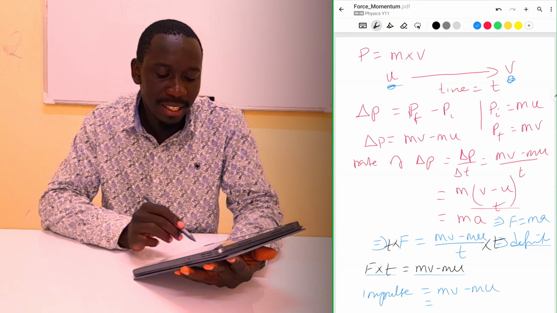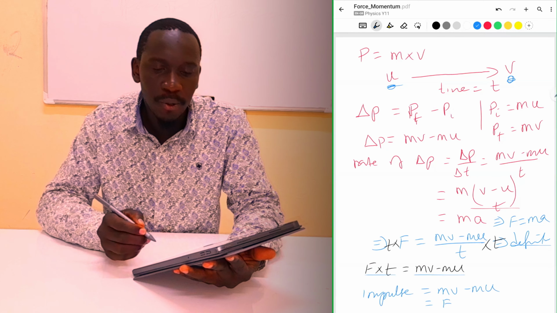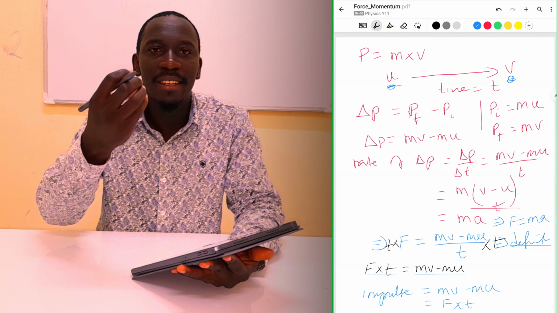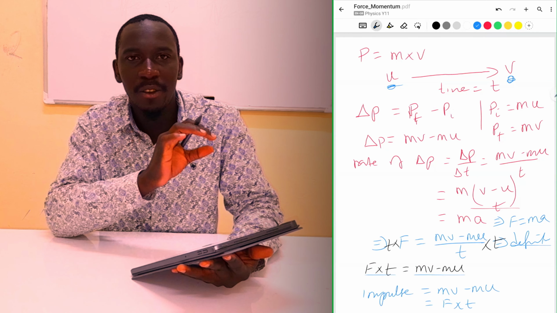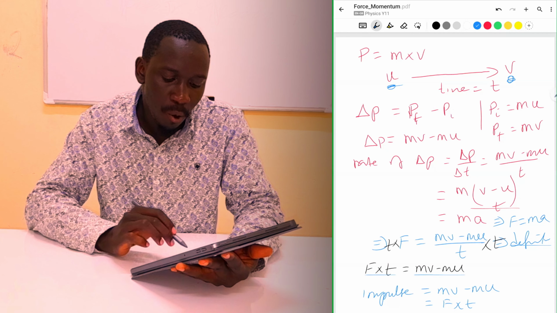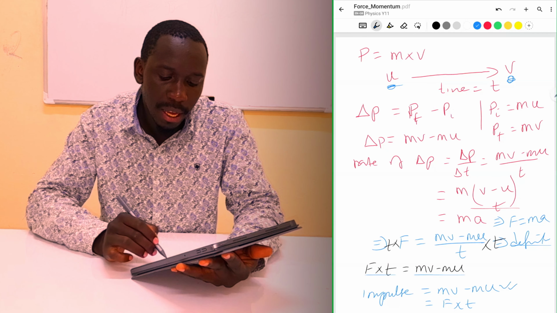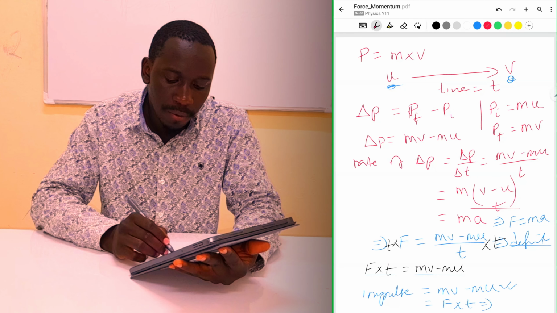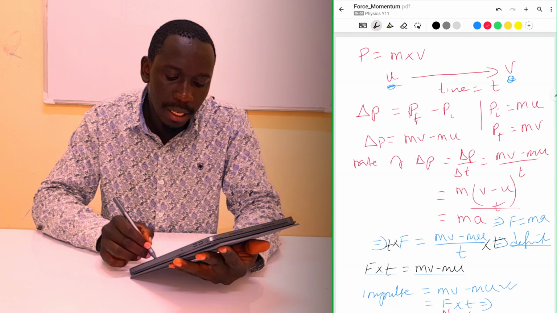So impulse has two definitions. The first definition is that impulse is the product of force and time. If a force acts on an object, for how long does the force act on the object, like the time of impact? Or we can define impulse as the change in momentum. If we use force times time, the unit of force is Newton and the unit of time is second, meaning that the unit of impulse is Newton second.